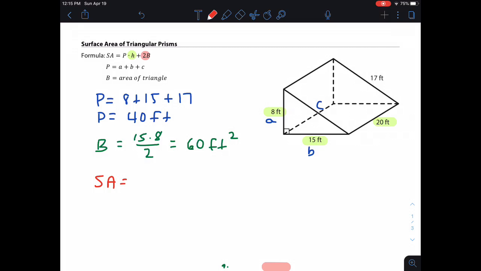The perimeter was 40 feet, and I'm not going to write the feet in there, just the number. So 40 times 20 gets us the area of all the rectangles that are the sides of my shape. And then I need 2 times B, or 2 times the area of the base, so 2 times 60.